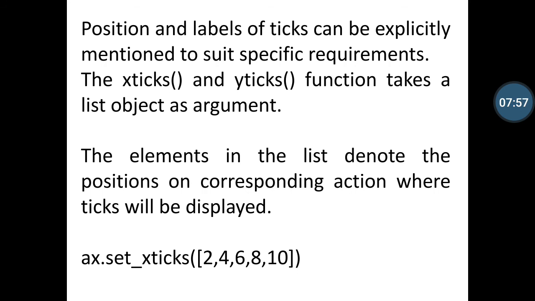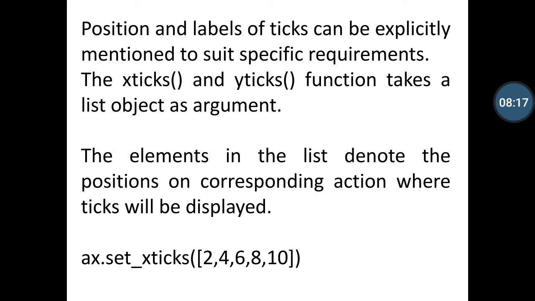The xticks and yticks functions take a list object as an argument that is defined in our program when we create it. The elements in the list denote the positions on the corresponding axis where ticks will be displayed.